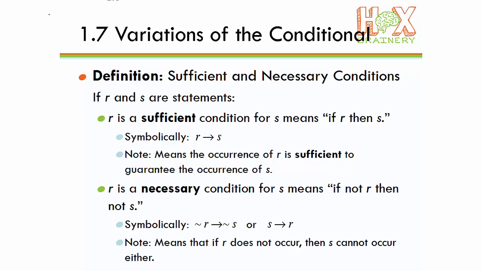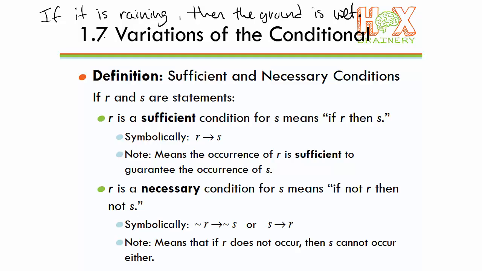All right, let's do one more mini example before I go to the example on the slides. Let's say if it is raining, then the ground is wet. I'm going to have P be it is raining, and Q is going to be the ground is wet. In this case, raining is a sufficient condition for the ground being wet because rain causes the ground to get wet, right?